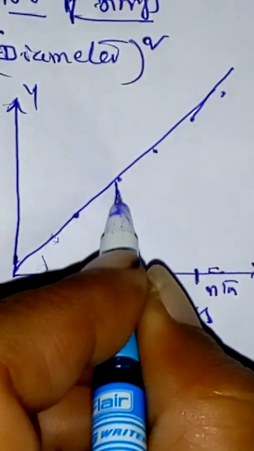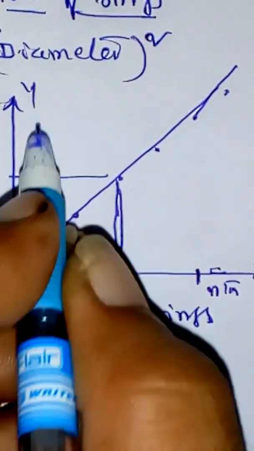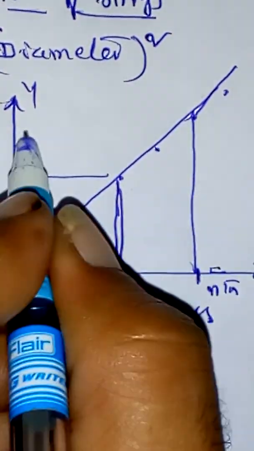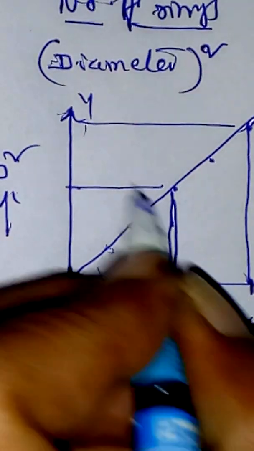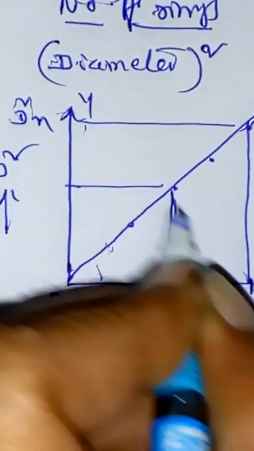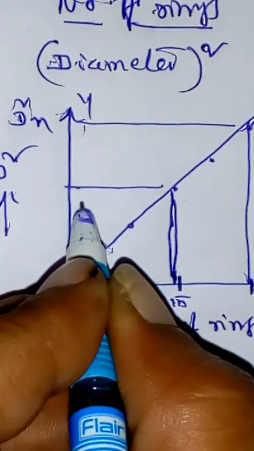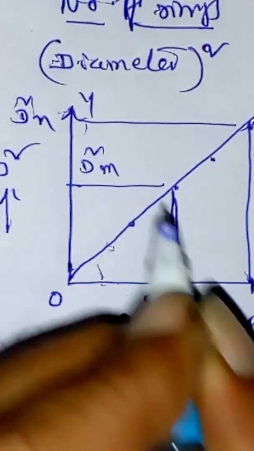I will draw a perpendicular on both sides, and for this also I will draw a perpendicular like this. Now this gives me d square n because it is the nth ring, and this gives me d square m.